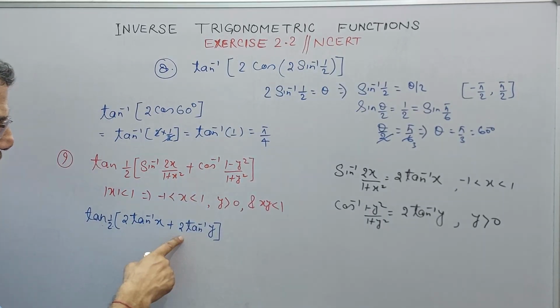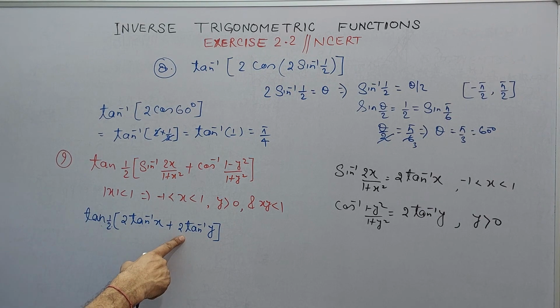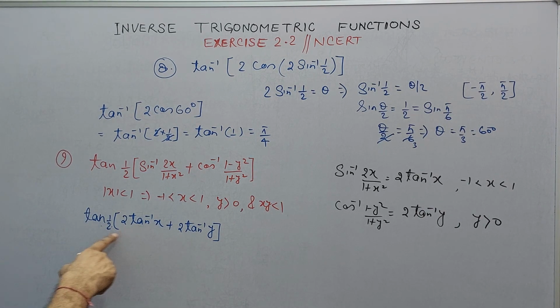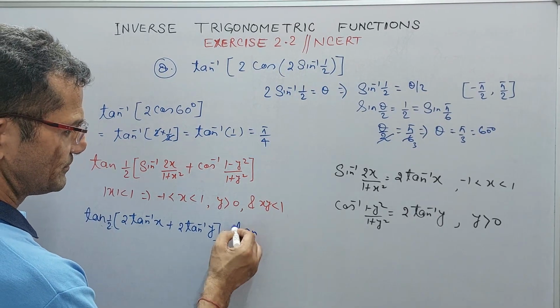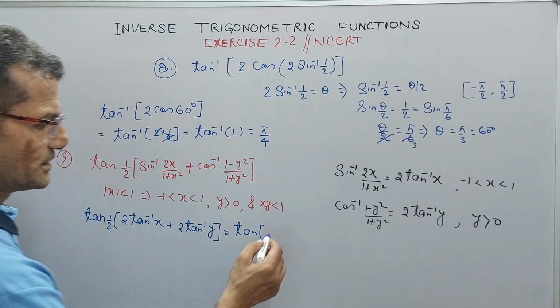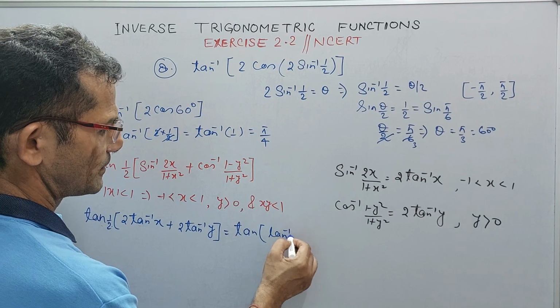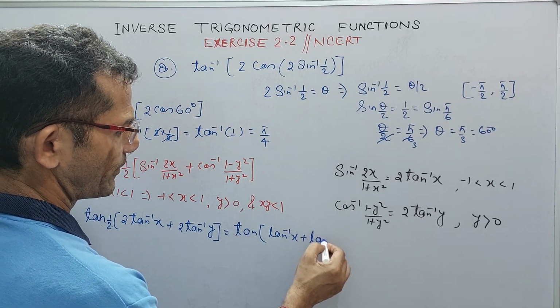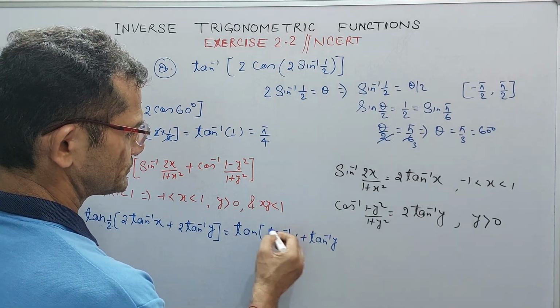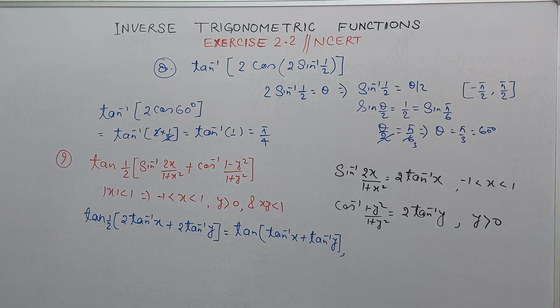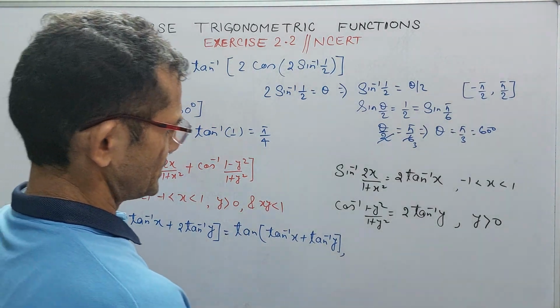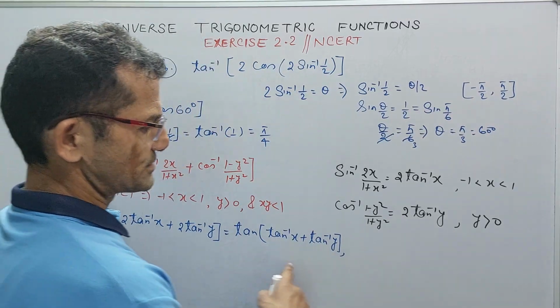The value comes out as tan of half of 2 tan inverse x plus 2 tan inverse y. When you take 2 as common, this 2 is cancelled with the half. So the value becomes tan of tan inverse x plus tan inverse y. Now using these formulas, if I use formula number 3 in this question, tan inverse x plus tan inverse y.